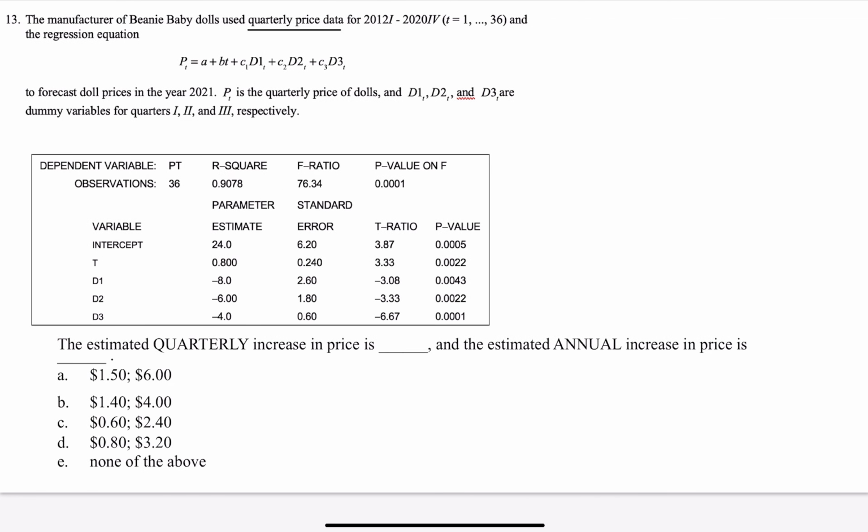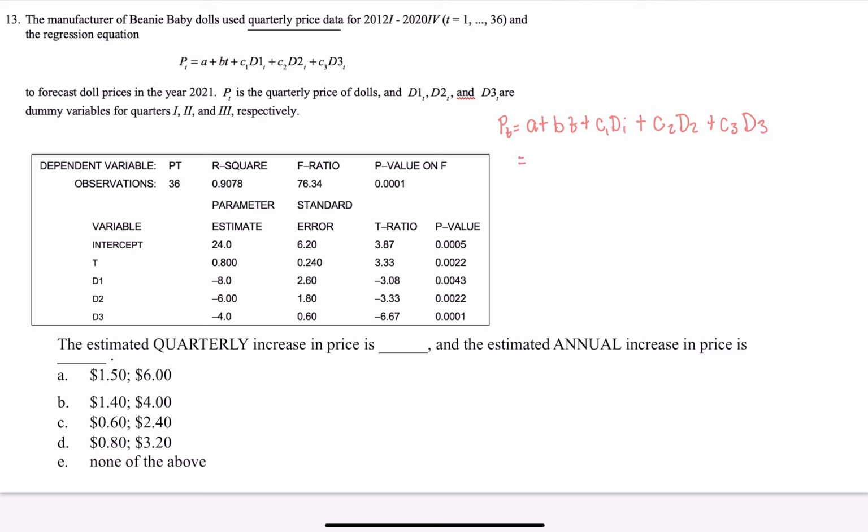And then our last one gives us our equation, and this time we have 3 different dummies. So our equation is going to be PT equals A plus BT plus C1 D1 plus C2 D2 plus C3 D3.